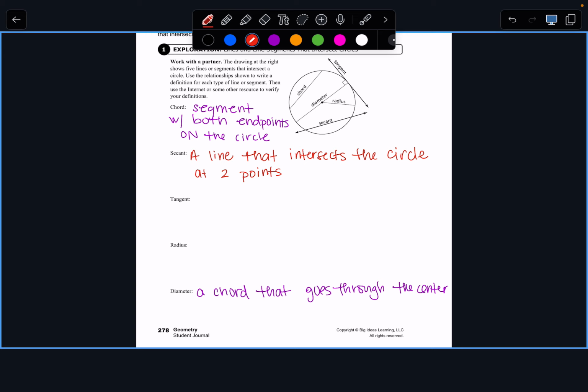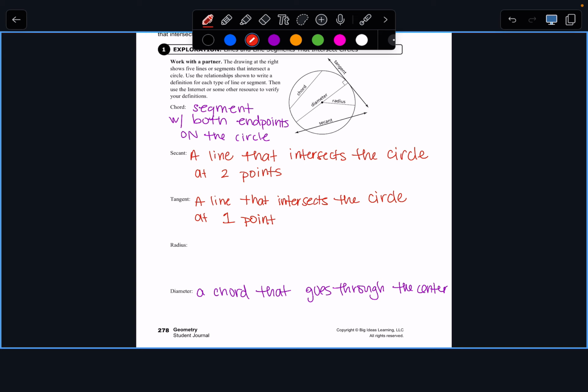So it's a line that intersects the circle at 1 point. Secant, but only one. Now I get it.